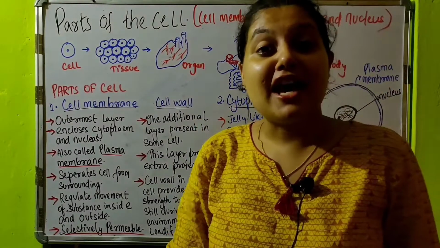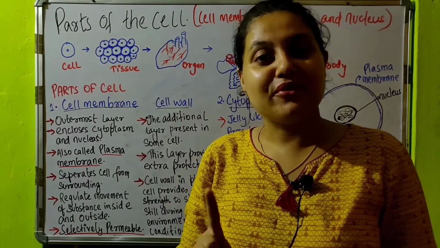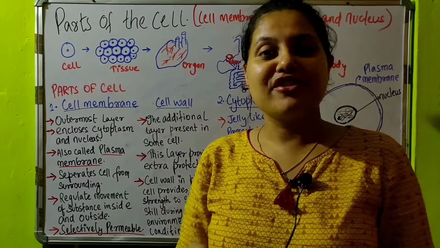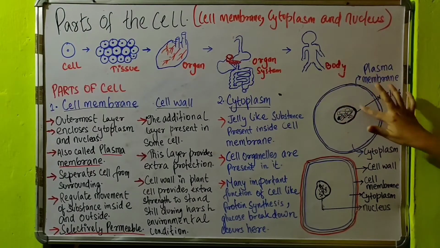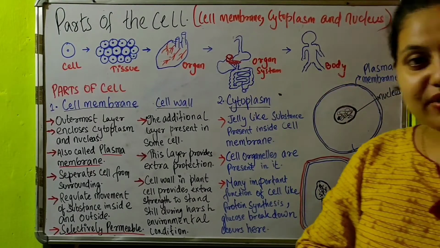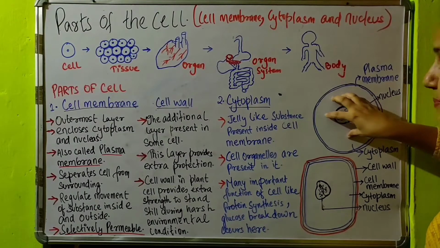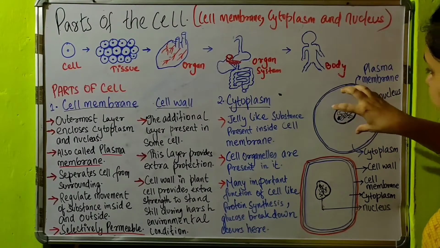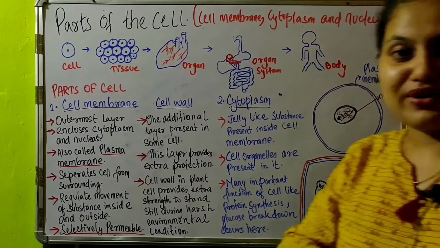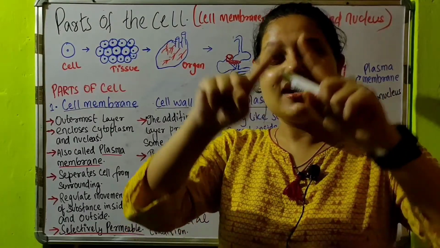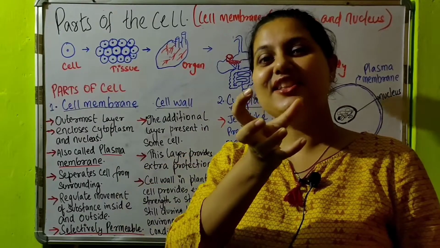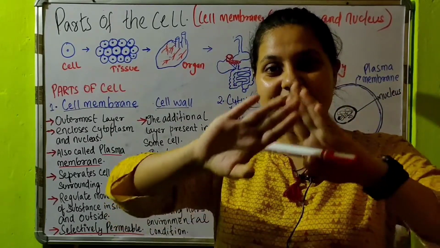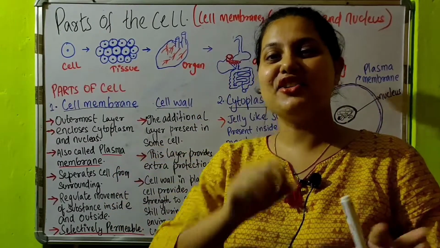Cell membrane and plasma membrane are the same, two different names for the same thing. And this white colored part is the cytoplasm, and the spherical thing at the center of the cell is the nucleus. You got to know, right? The plasma membrane, the cytoplasm and then the nucleus.